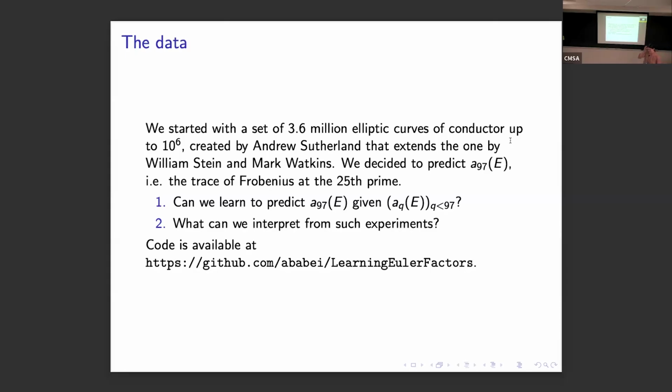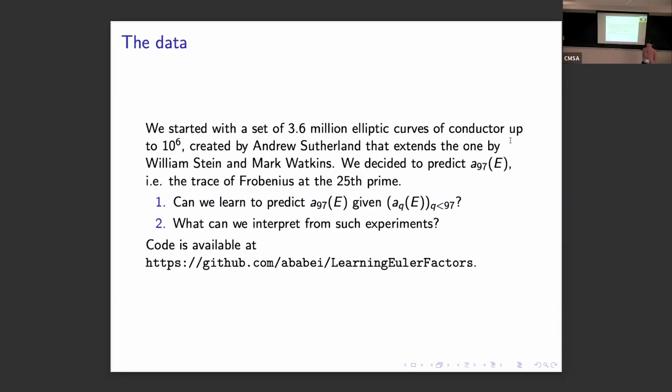Let me follow up on that question, because it suggests there would be two limits: the limit where you put in more and more curves and increase the maximum conductor, where you lose all predictivity, and conversely, the limit where you take more and more a_p and try to predict more, where you gain predictivity. So there should be some combination or ratio or scaling quantity that controls how predictive you can be. Yeah, and something else that we ran into was that you also need big enough data sets. We have 3.6 million elliptic curves, which was fine for what we were doing.